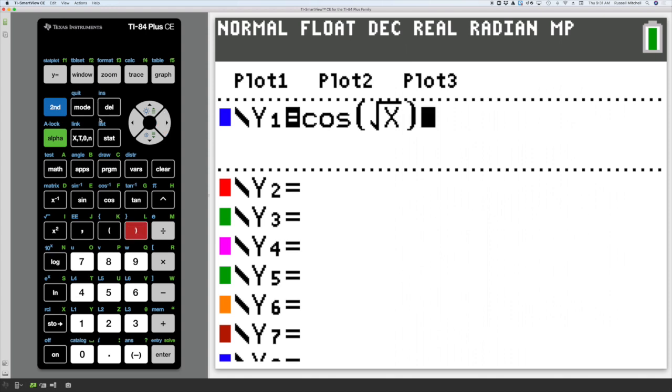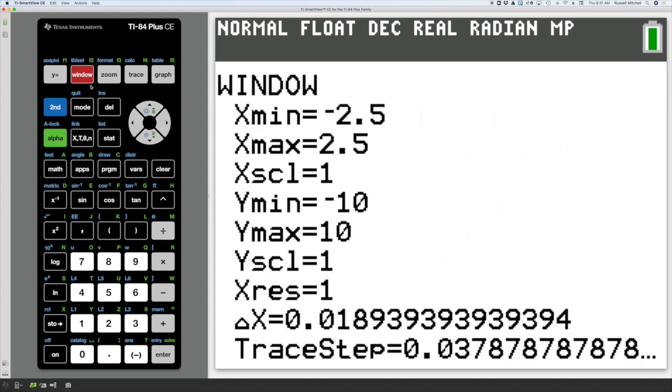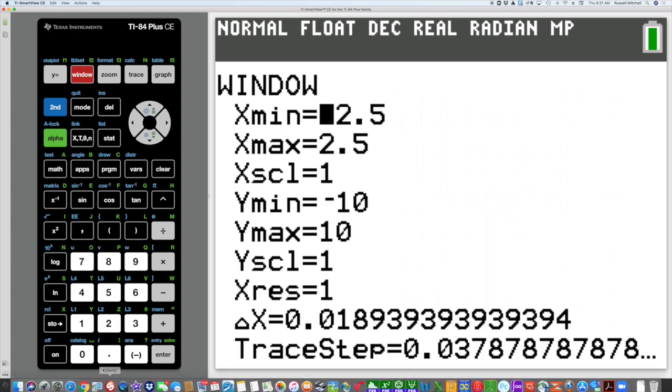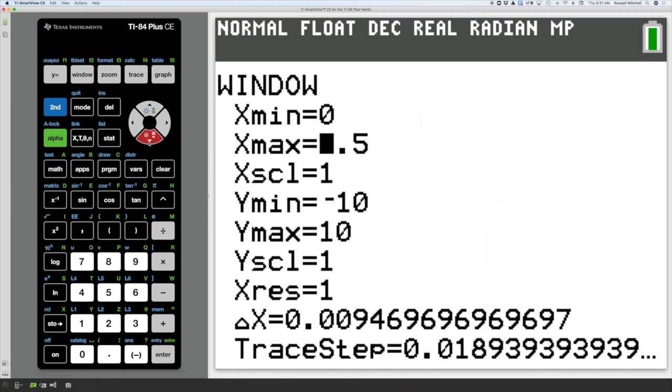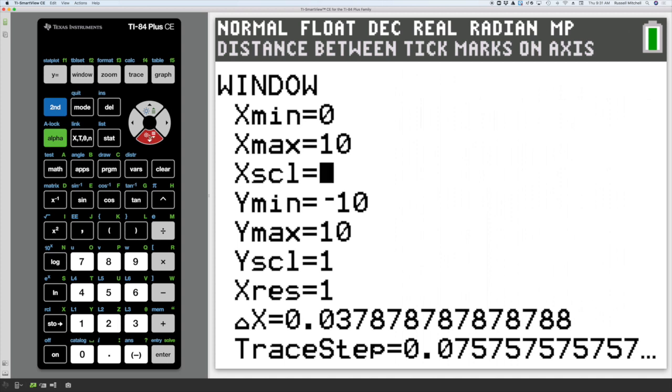It says time is greater than or equal to 0, so we go to our window, and our x min should be 0. And our x max, I'm going to go all the way out to 10. They didn't tell us the time units, so let's just go out to 10. And then x scale, I'd go by ones.